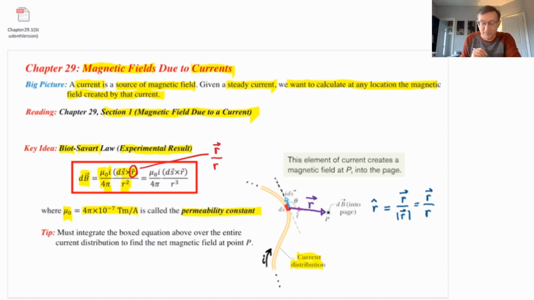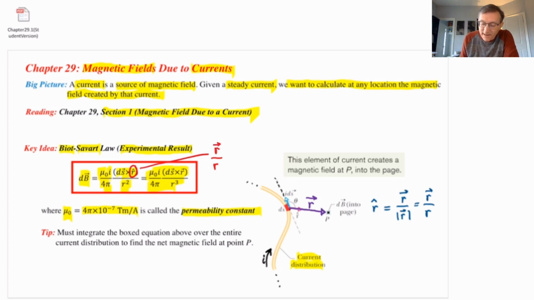And when you make that substitution, the magnetic field law now looks like this second expression, mu0 times I over 4 pi, then in parentheses, ds cross r arrow over r cubed. So you'll see it both ways. Okay? I'll be using the first way in my work I do in this video lecture.